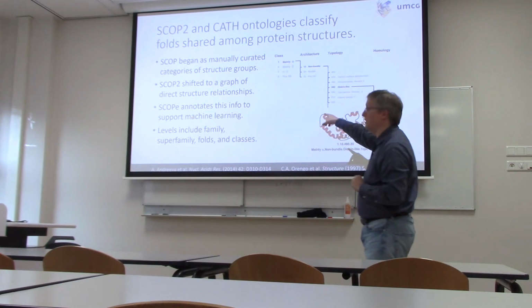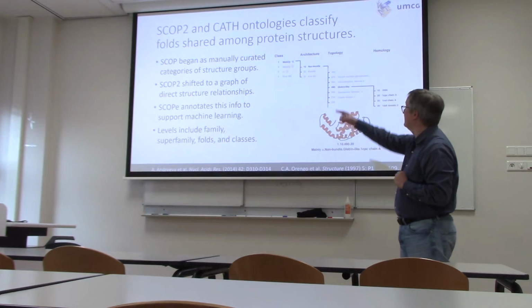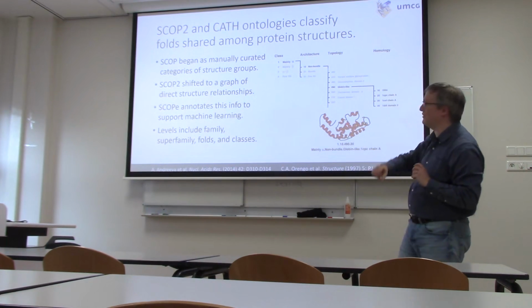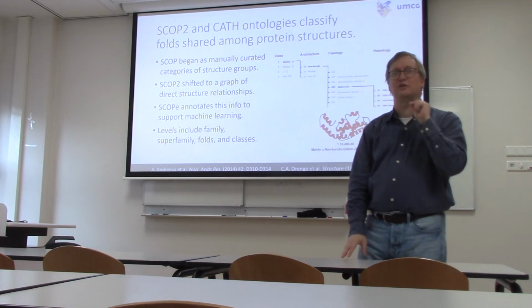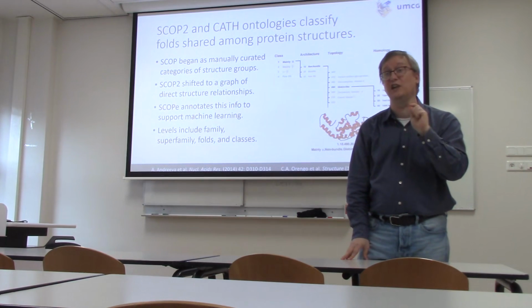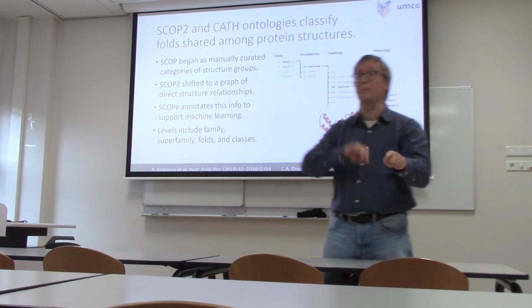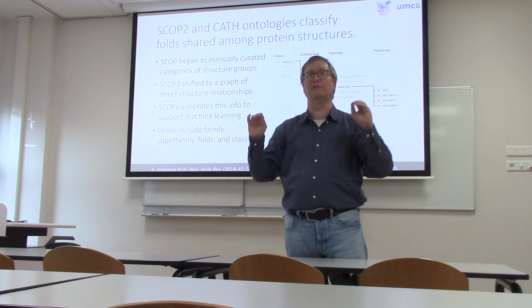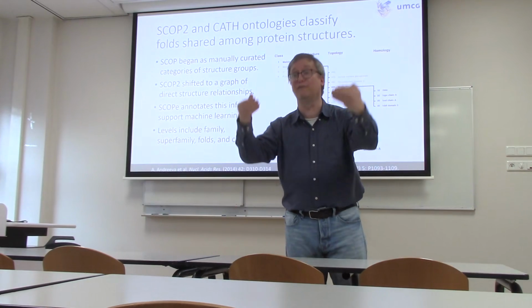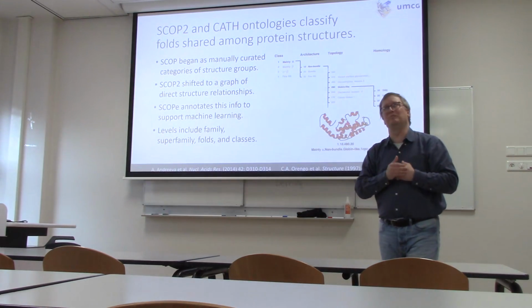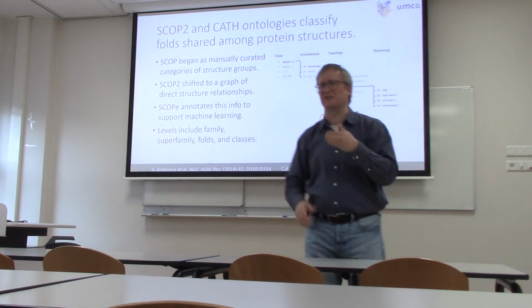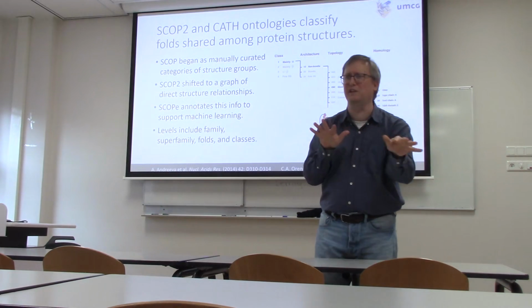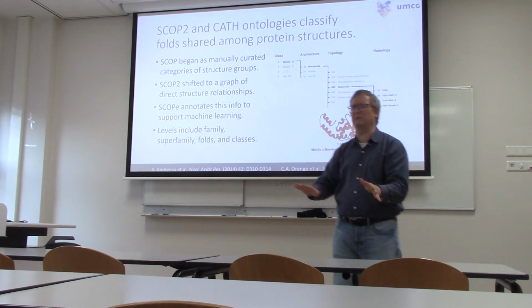So people who've invested a lot of time in this, the folks at SCOP and the folks at CATH, have really focused on trying to detect, either by human curation or by automated curation, which of these structures fall into the same fold. Now, I said before that fold is a term that gets used a lot in this field but can mean different things to different people.